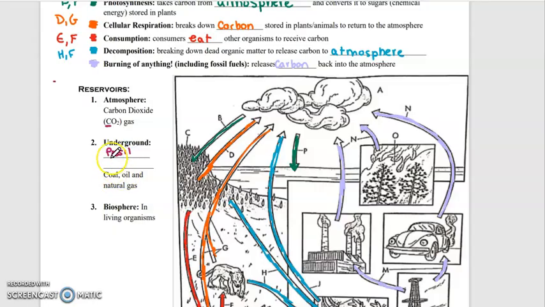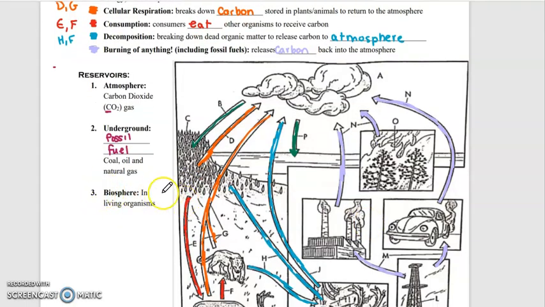So things like coal, oil, and natural gas are made of carbon, and when we burn them, that's why it gets released. And then we can also find carbon in living things, right? We said that plants are going to be bringing carbon from the atmosphere to make food, and then it gets transferred from living thing to living thing through consumption and decomposition. So we can find carbon in all those sources.